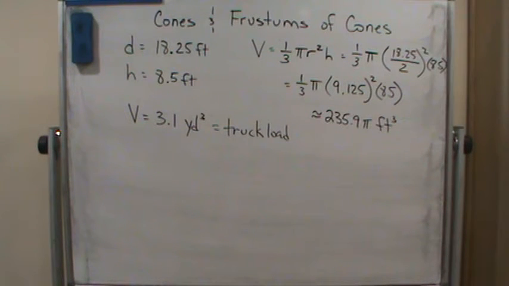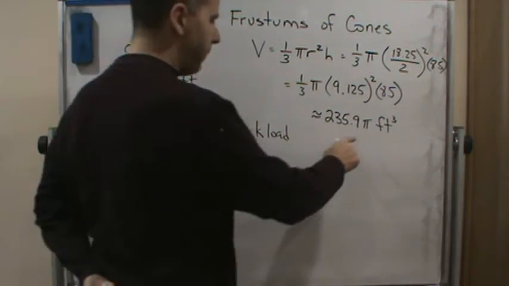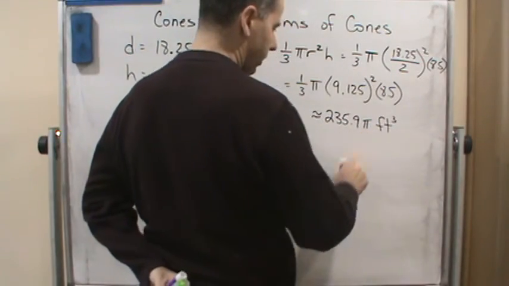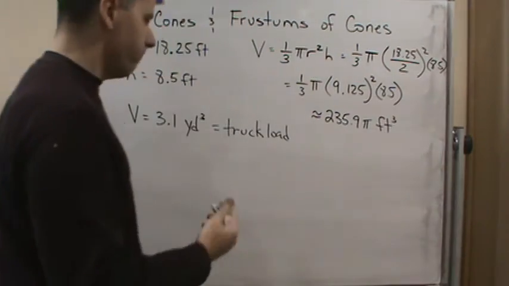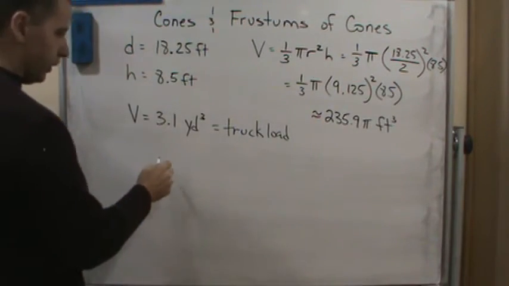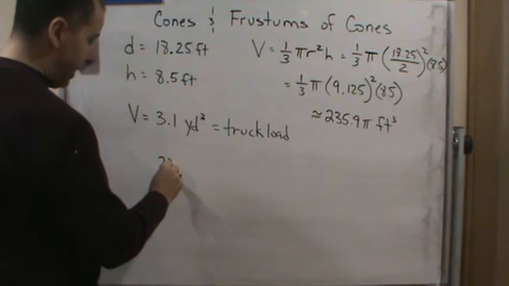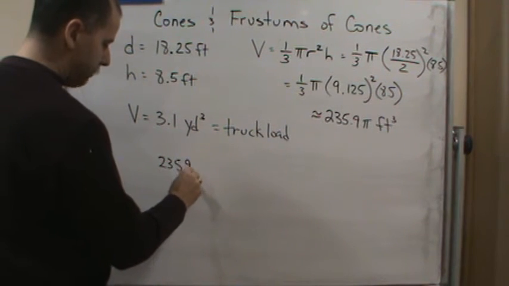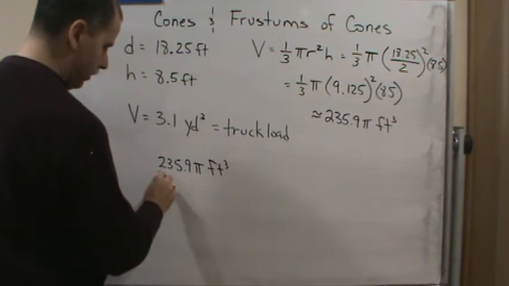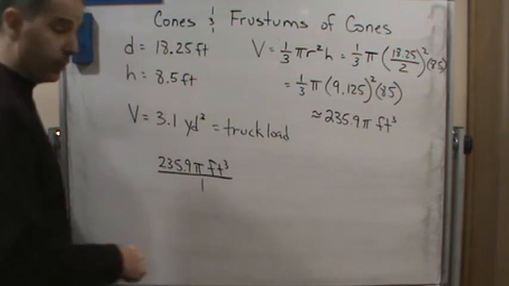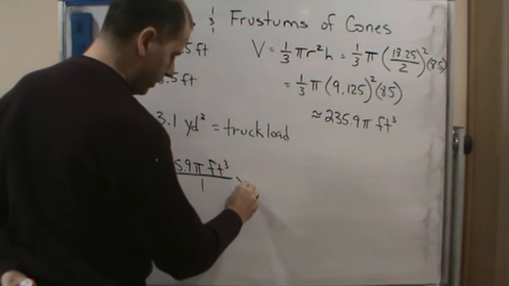Now here's where we're going to do our conversion. I'm going to leave the pi in there till the end, and again, I would just leave this in the calculator. Here's what we're going to do. We're going to take the 235.9 pi cubic feet over 1, and we need to convert this to cubic yards.